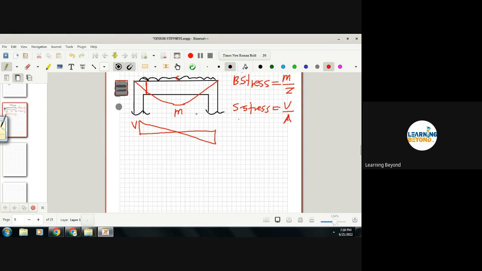Okay. And who is resisting the shear? Because all of you know that this beam will try to shear off at different sections. Like this. So there will be two stresses.